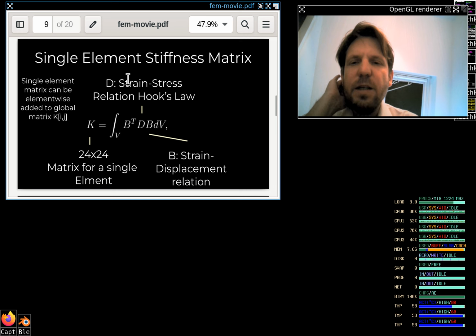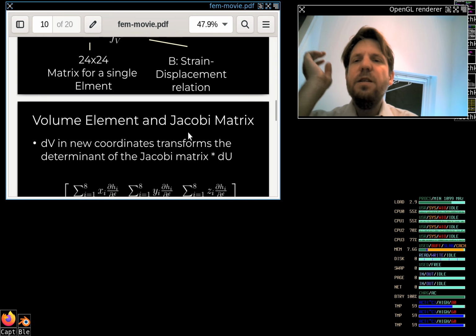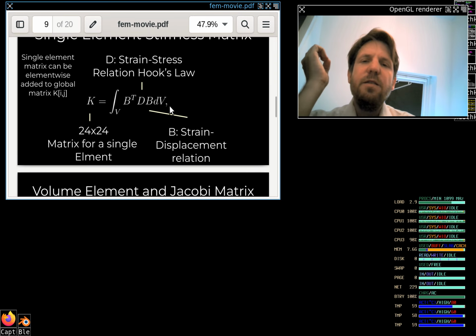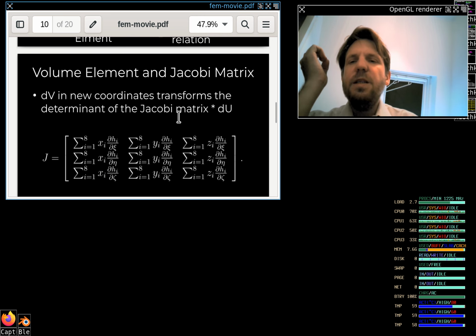Okay. So right now let's go into these little matrices. Here it gets very interesting. In order to handle this volume element dV, and also the expression of these matrices, we need what is called the Jacobian matrix.